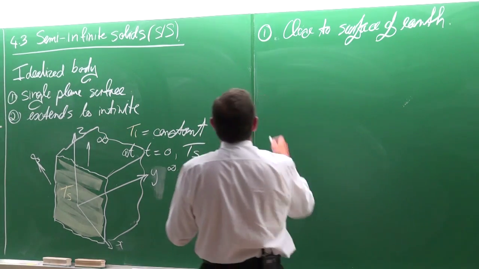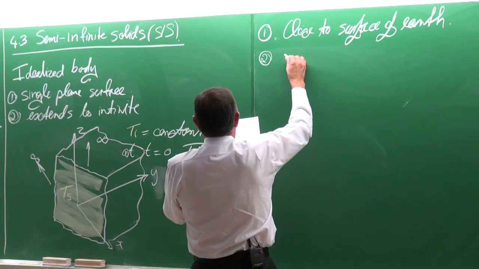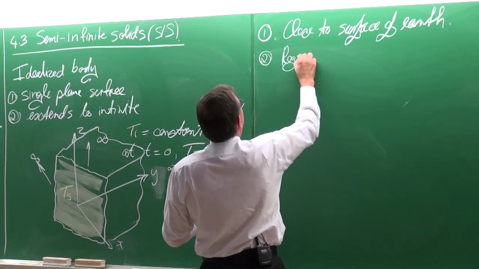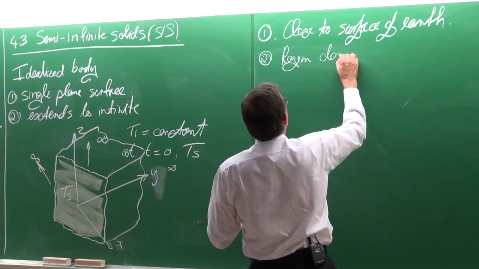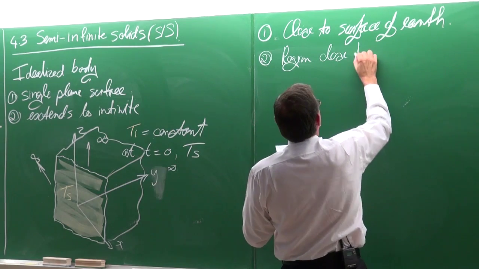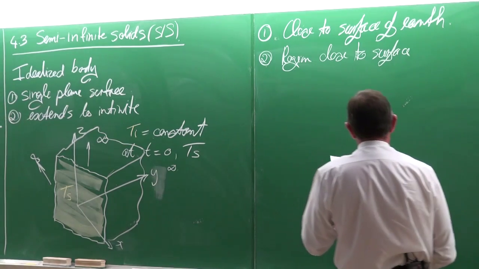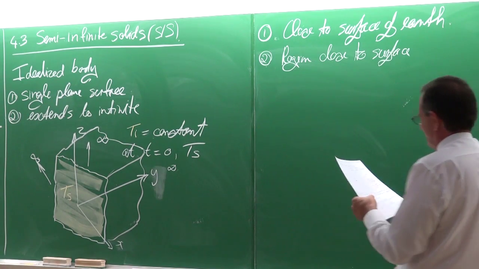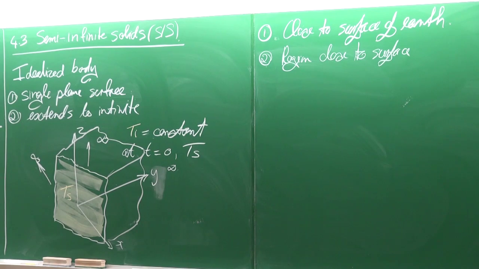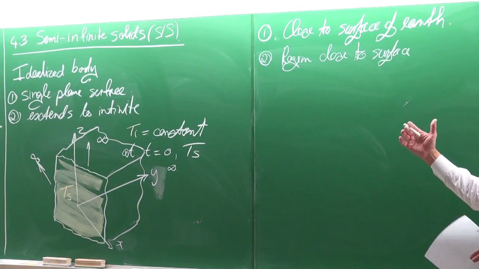The second one would be a region relatively close to a surface. Now what does that mean?